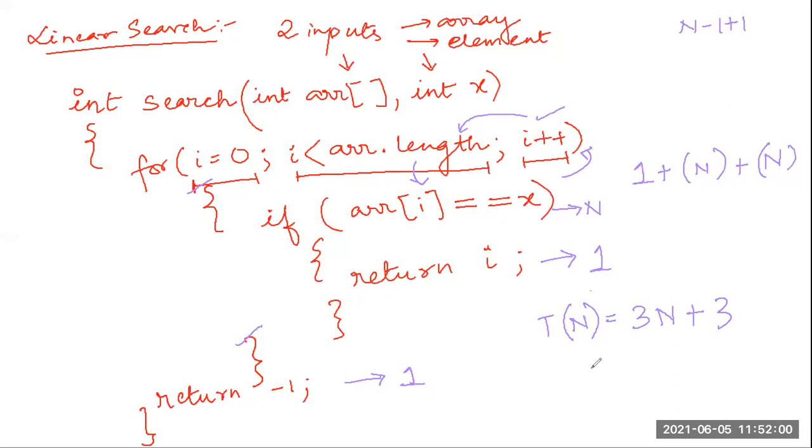So if you look, the linear search time complexity is order of n. Now you understand how they get this n? Yes, ma'am. Is it clear how they get this n?